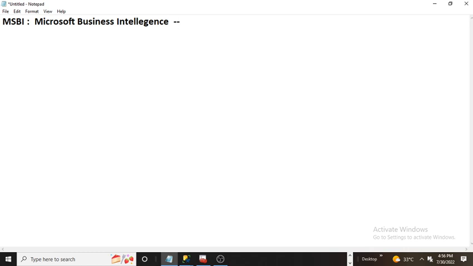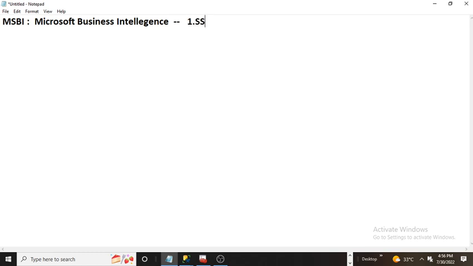Microsoft understood there should be some kind of BI tool where people can import their data, load their data into the system. Also, people can do reporting, and people can also do some OLAP activity. For that, Microsoft has given a business intelligence tool, and people say it's MSBI. In MSBI, basically we have three parts.